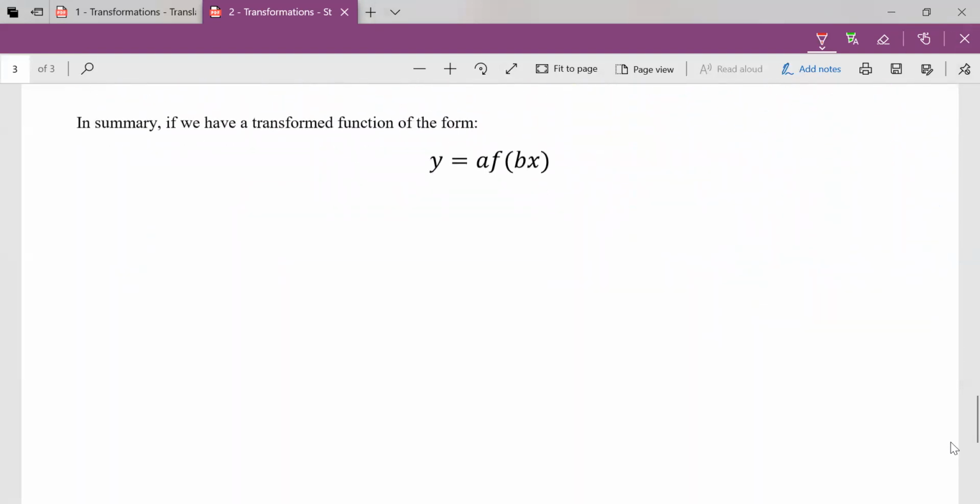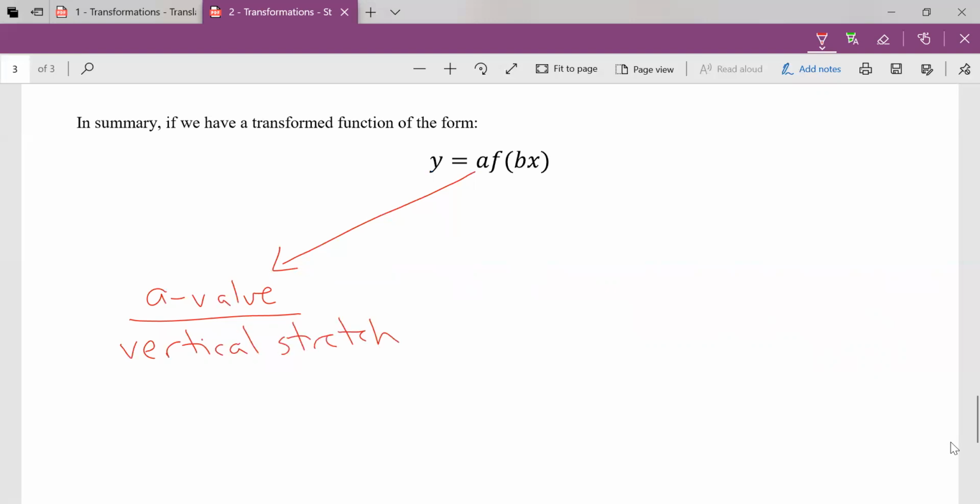What have we got? If we have transformed a function and we've got the a and the b, what do we have? The a value is our vertical stretch. And again, when we're vertically stretching, it's about the x-axis, or y is equal to 0.